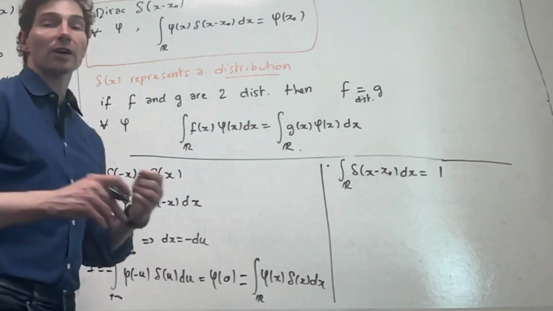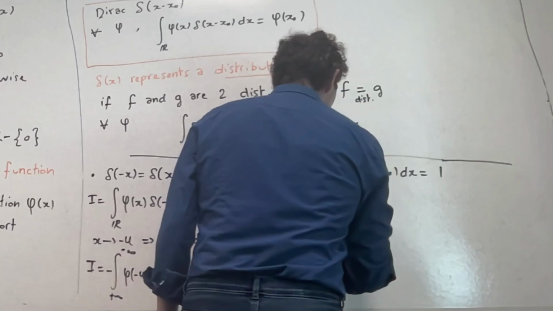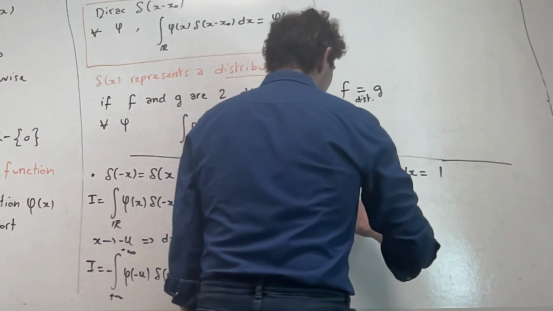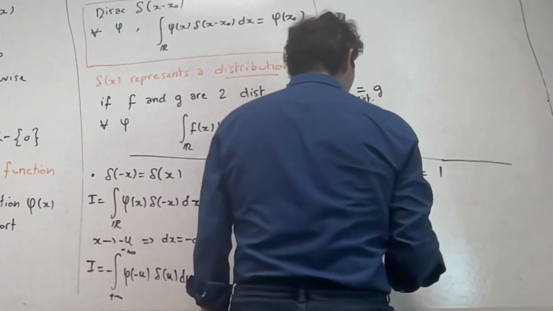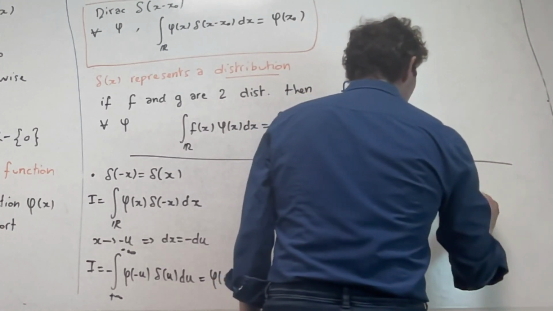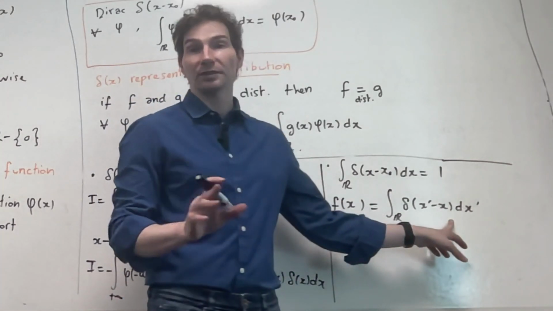Okay, so how does that work? Well, let's imagine that f of x is a distribution that I don't know, that is the integral of delta x prime minus x dx prime. Okay, so I'm just saying I don't know what this stuff is.